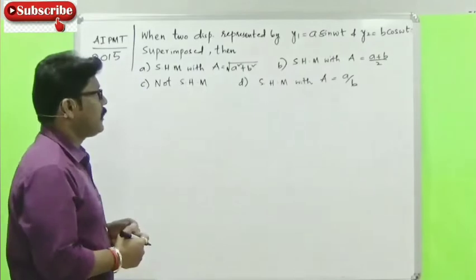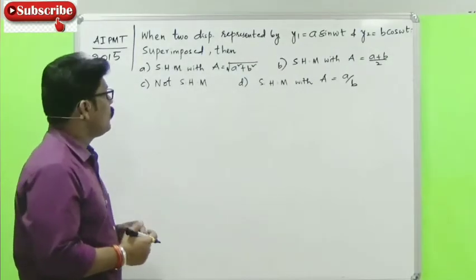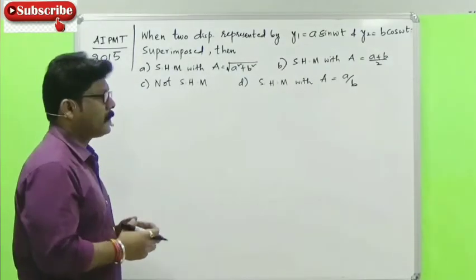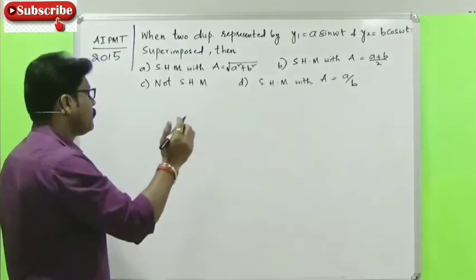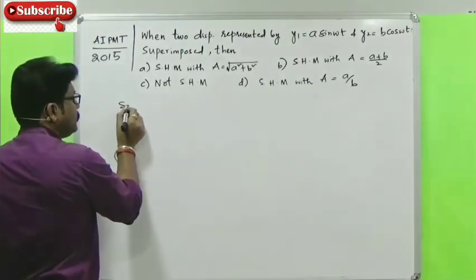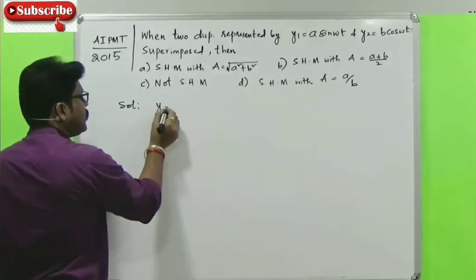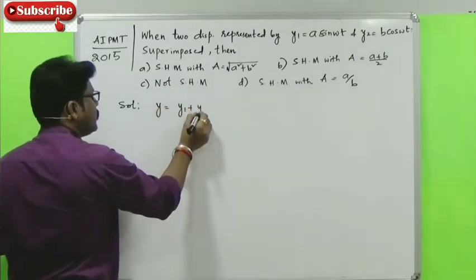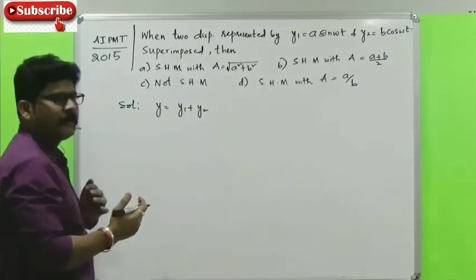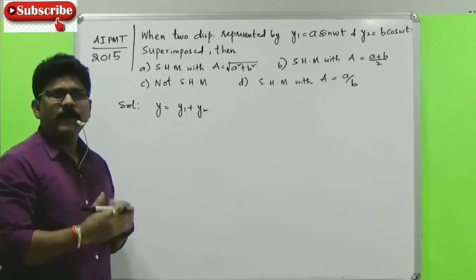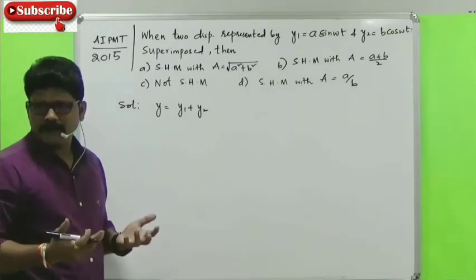Now first thing we require here to know is the principle of superposition. Principle of superposition is nothing but y equals y1 plus y2. It's nothing but simple algebraic addition of two displacements.